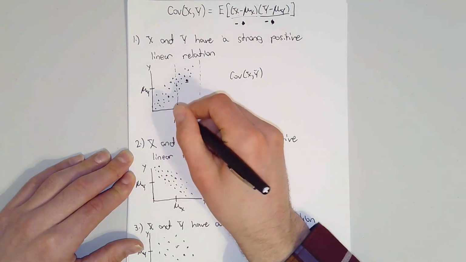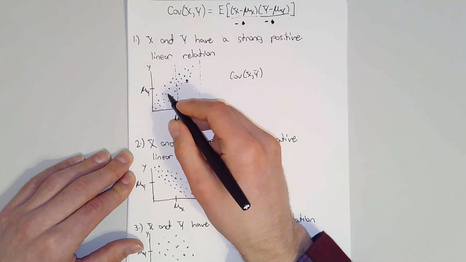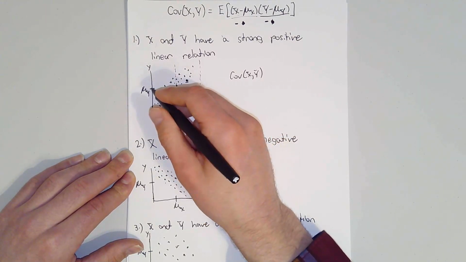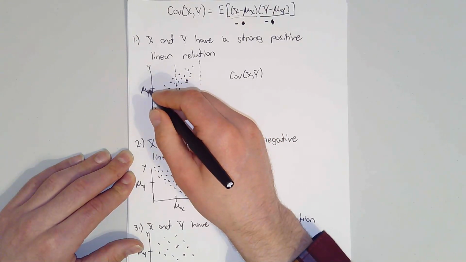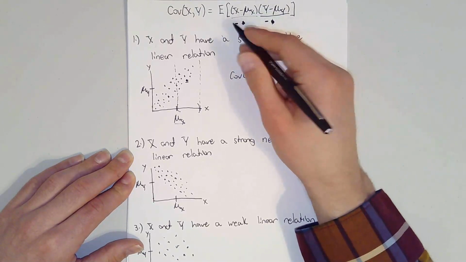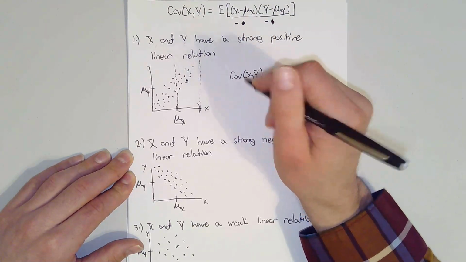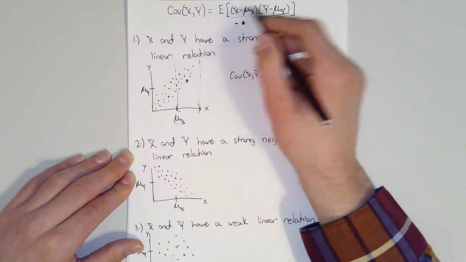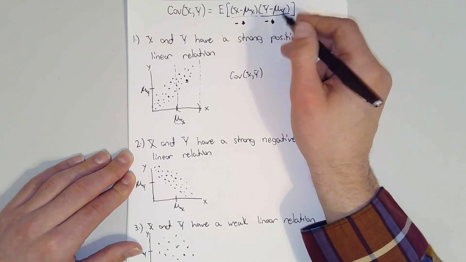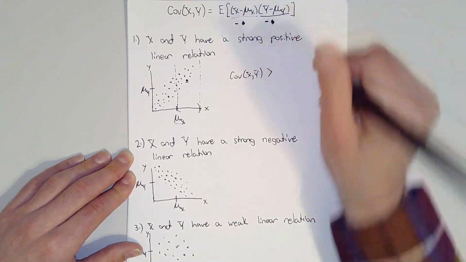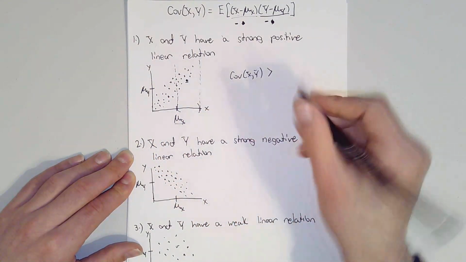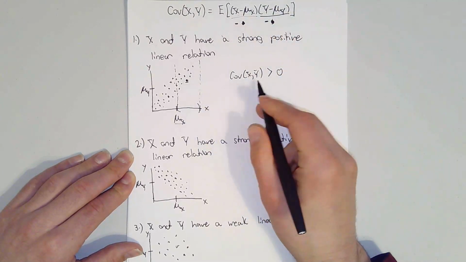In other words, points in our scatter plot in which the x-coordinate is less than the mean correspond to points in which the y-coordinate is also less than the mean. Therefore, the product of a negative and a negative is a positive number. Therefore, we're taking the expectation of an expression that takes on a positive number more often than a negative. Therefore, for when capital X and capital Y have a strong positive linear relation, we will see a covariance that is positive.